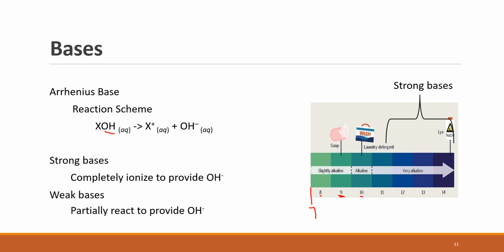And the strongest base, referred to as lye for its common name, is actually sodium hydroxide. We'll be using that in lab a few times with a pH around 14. So the scale of pH goes all the way from 1 to 14. Anything above 7 is basic, anything below 7 is acidic, 7 being neutral.